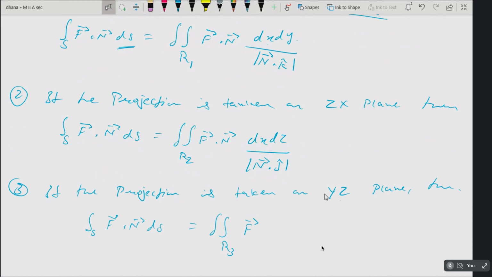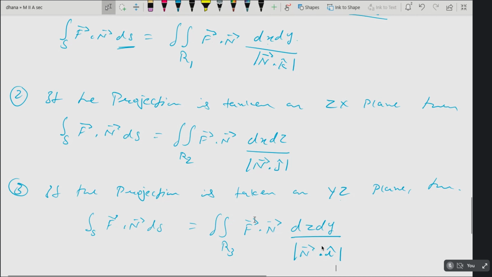Based on that only you will calculate the limits of y and z. f bar dot n bar, here you will have dz dy. Order, again no problem. You can write it in any order. And here the dot product with i cap you will have. Okay, these all three are very important. Without this, you cannot solve any of these problems. Understood, all of you?